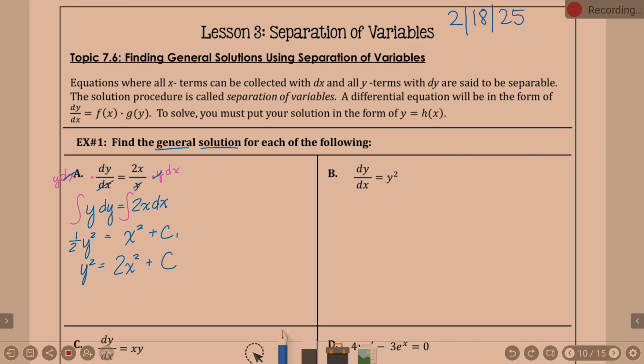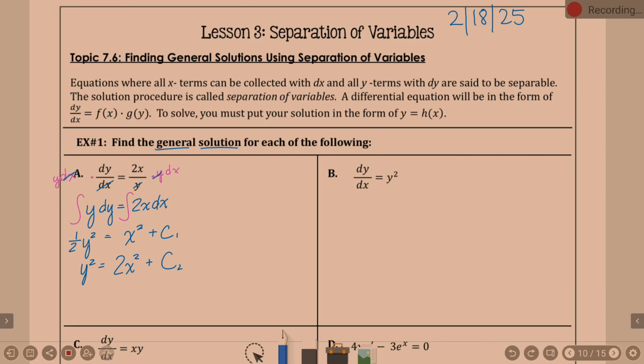And then technically, is this a slightly different c? It's technically a different constant because it's been multiplied by 2, but yet we're not going to do anything different with it. Okay, so a lot of times I would just see that as plus c, and you just don't show that it's multiplied by something or anything like that.